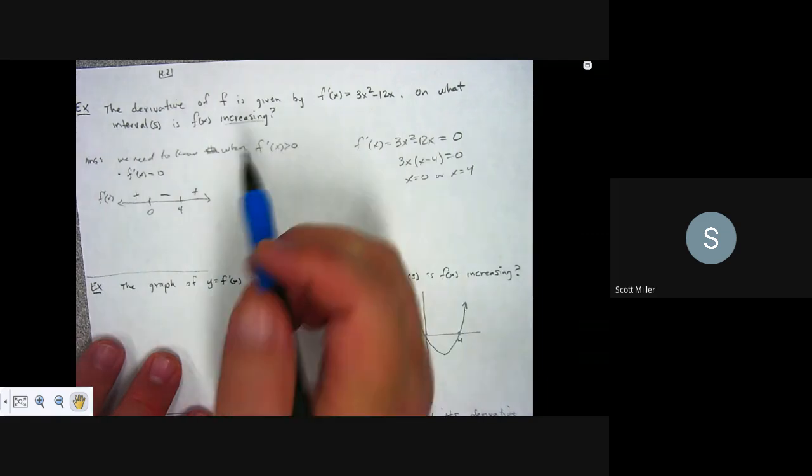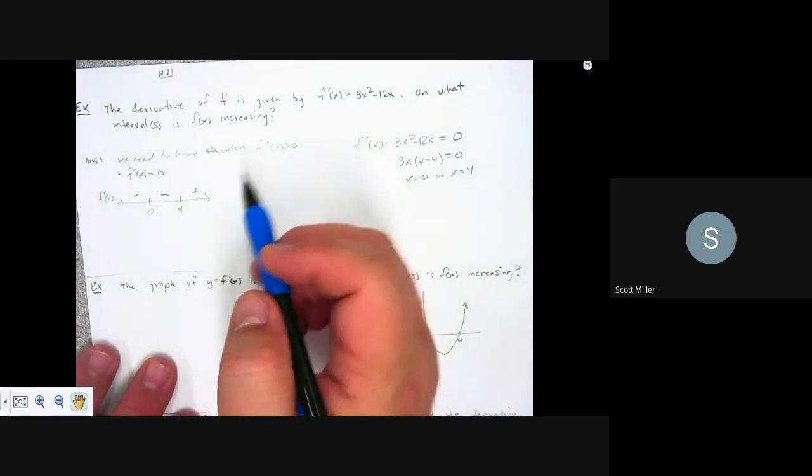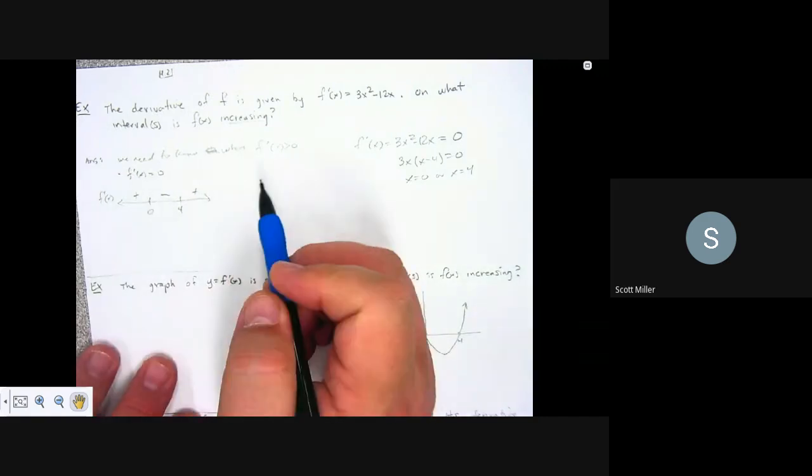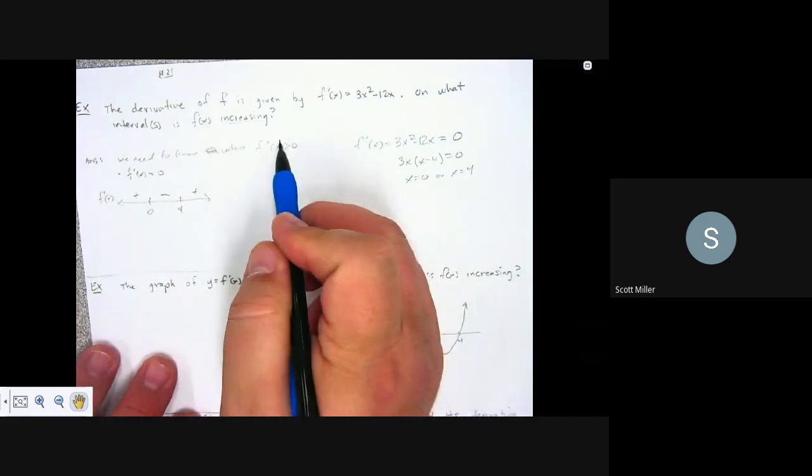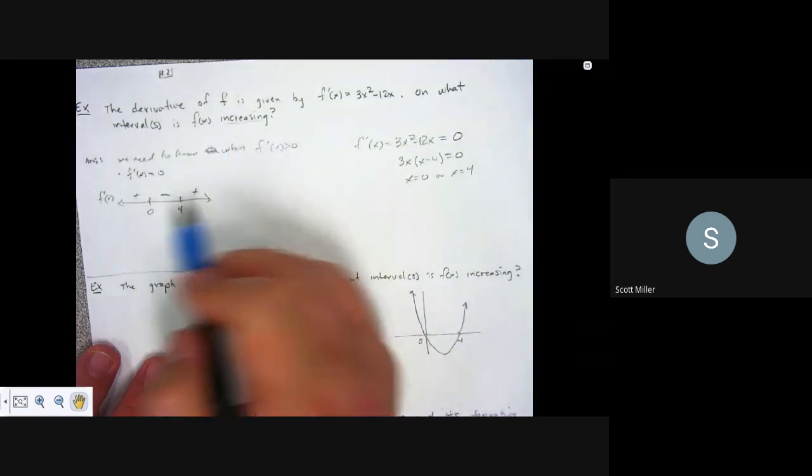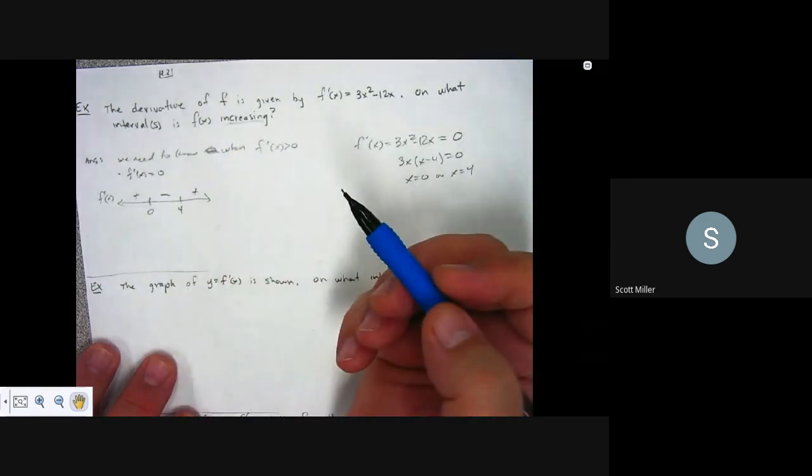Okay, what do I do now? Well, the regions that are positive, because I wanted to find out where it's positive, are where this function f is increasing. So I can write my answer now.